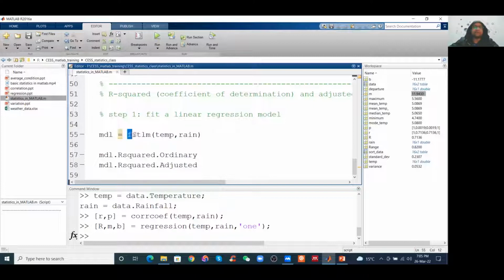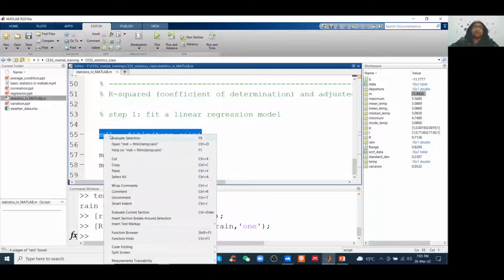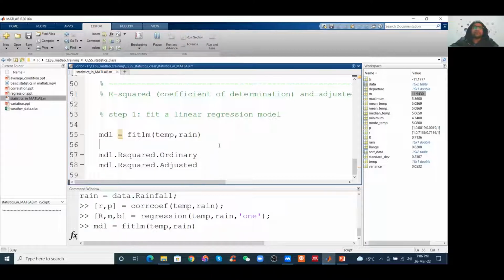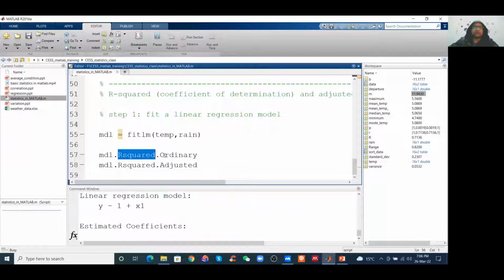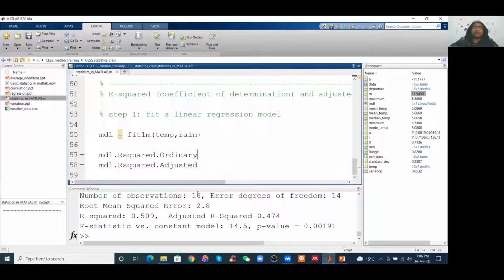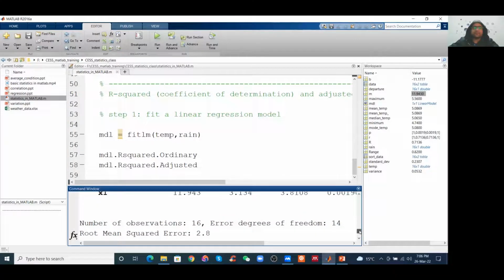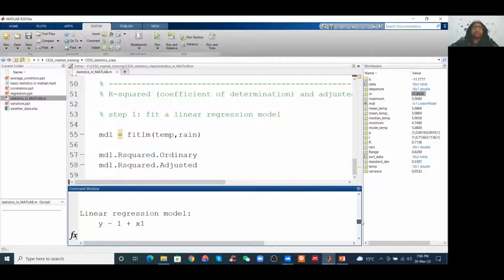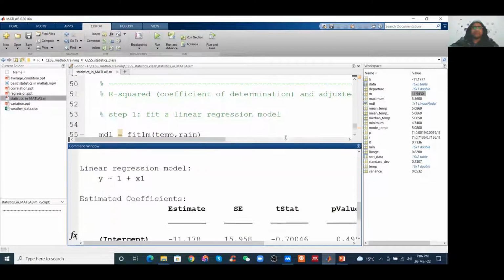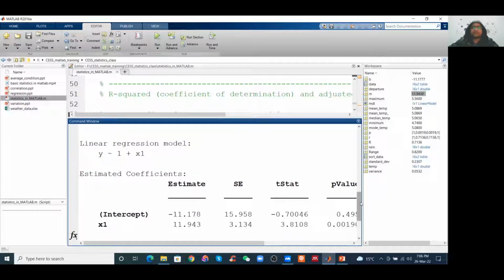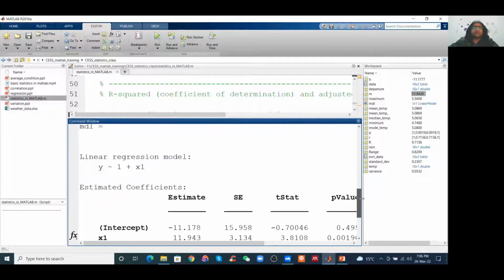In MATLAB, there is a built-in function, fitlm. LM means linear model. You have X and Y, like temperature and rainfall, and you can build a linear regression model, MDL. Can you see my screen? So we built a linear regression model, where Y is like this.